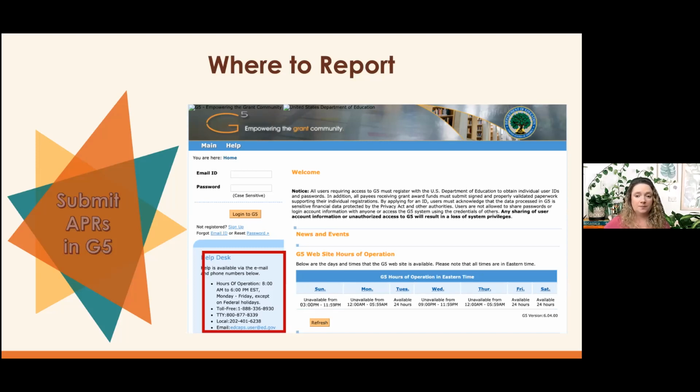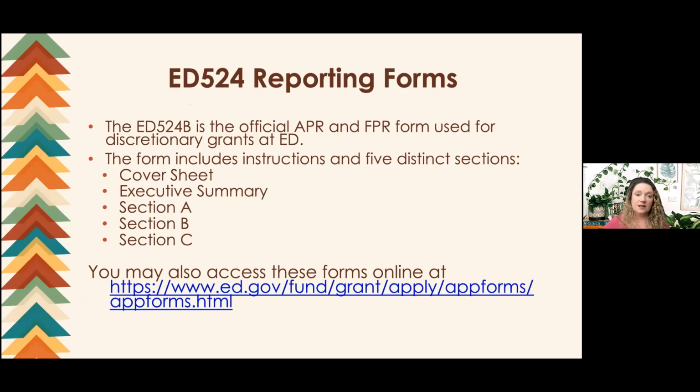All right. The next piece is thinking about your reporting forms. Now, you're going to be reporting in G5, which already has these forms in it, but it can be helpful to see them in advance. You're going to be using the ED 524B forms. Those are the official forms for your annual performance reporting and your final performance reporting.